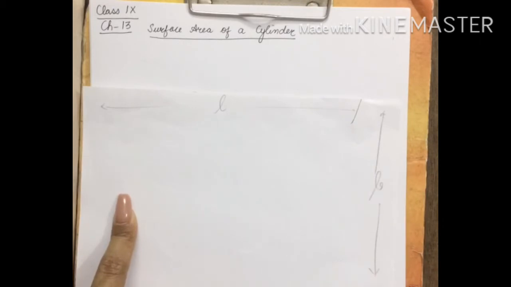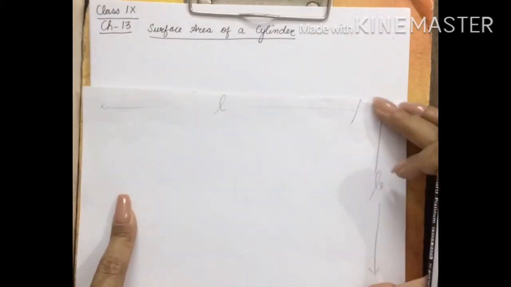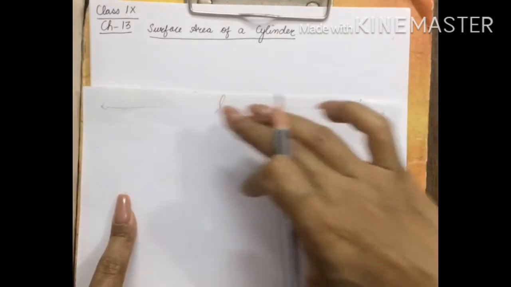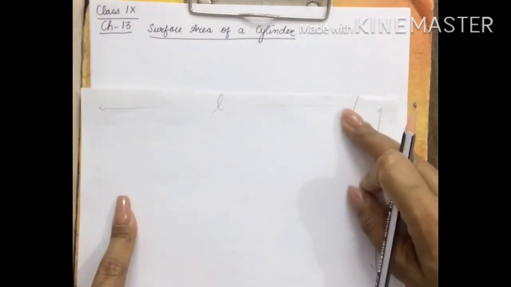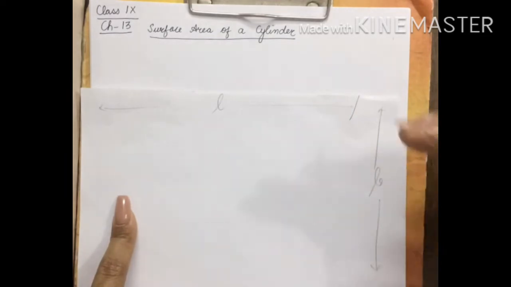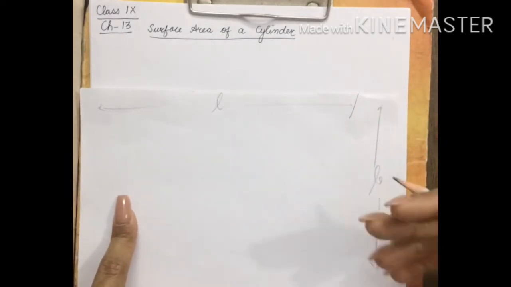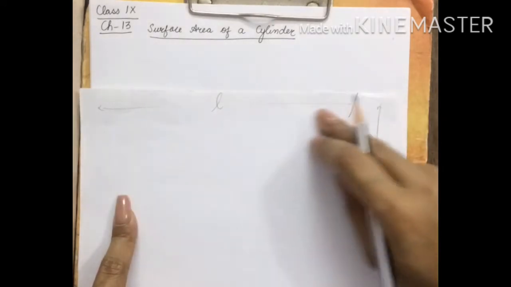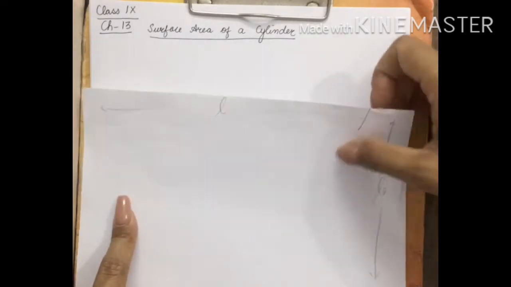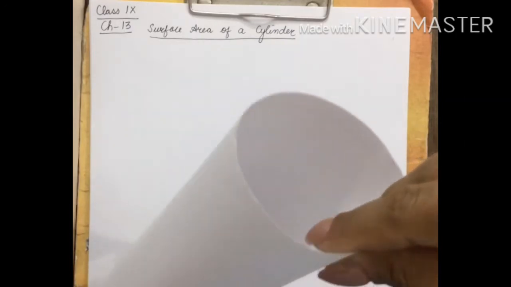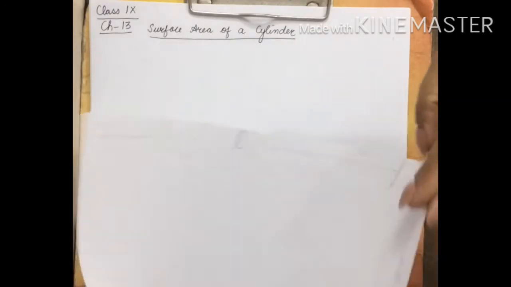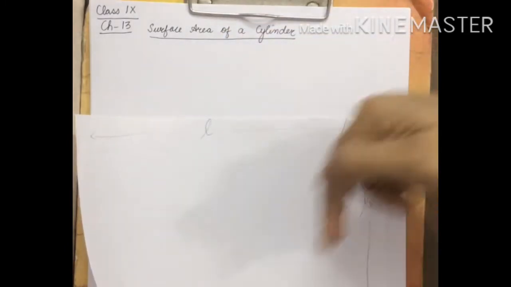Now what I can do is I can either roll this sheet of paper along the length, or I can roll it along the breadth to form a cylindrical shape. If I had to fold it along the length, this sheet would somewhat look like this. So this has been sheet rolled along the length.